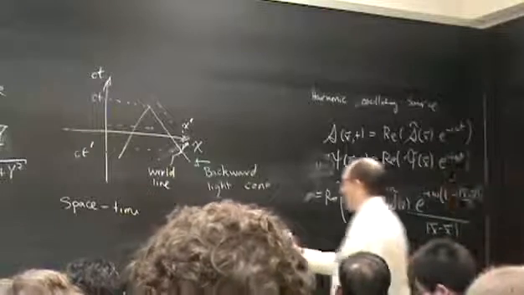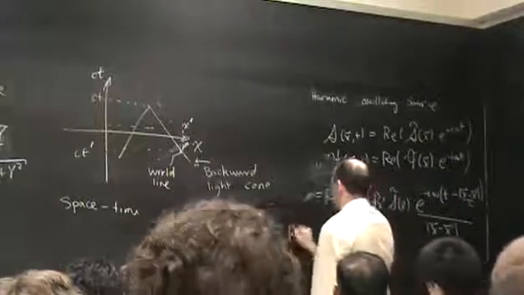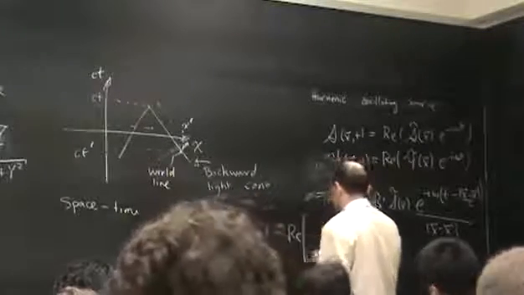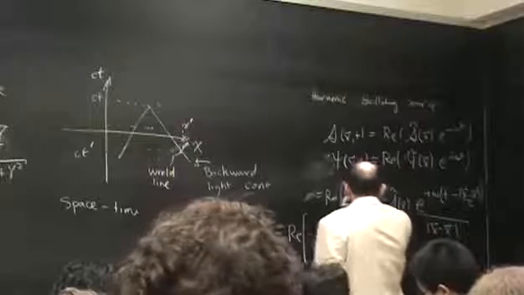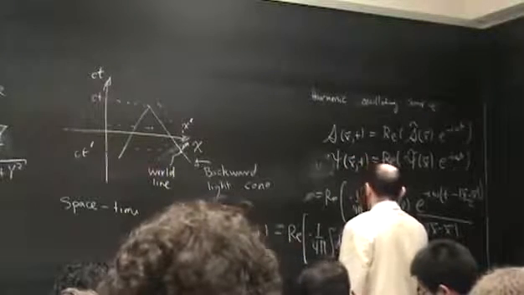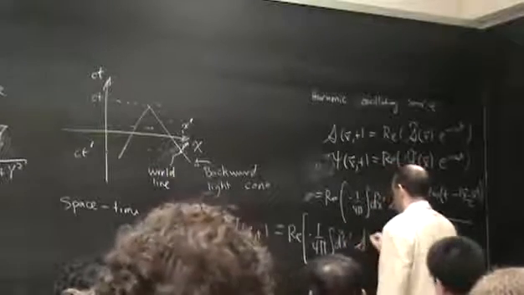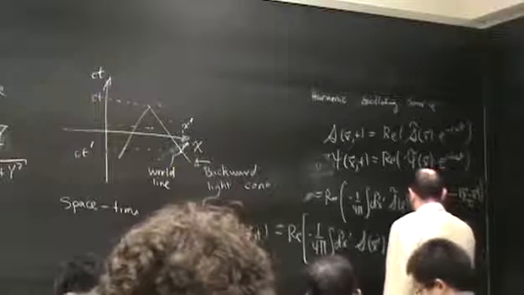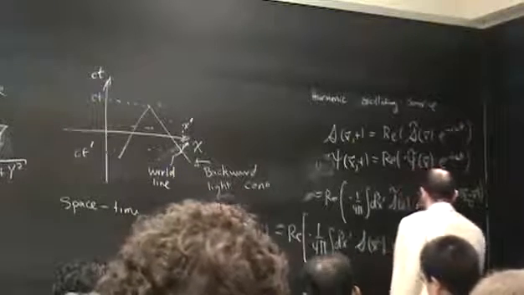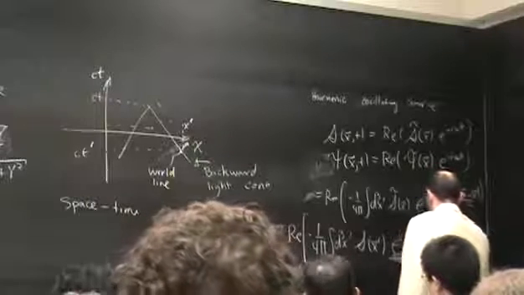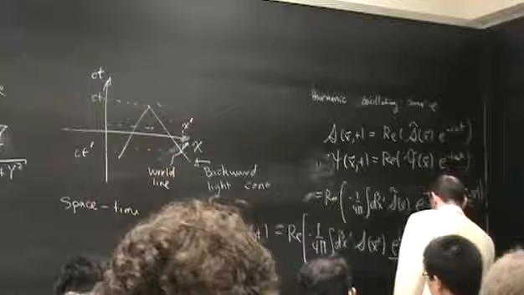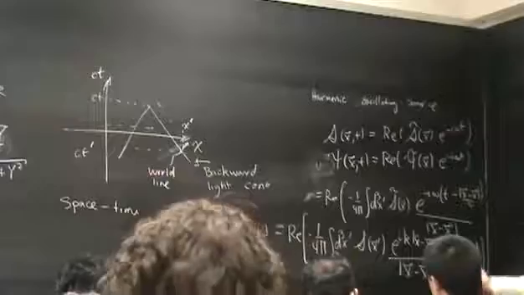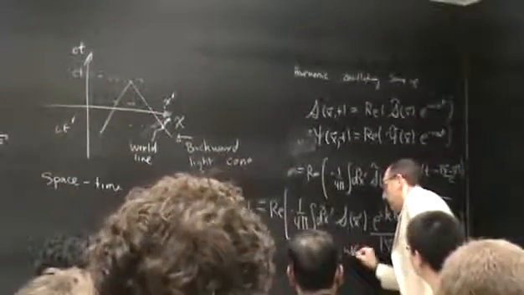So the wave amplitude I see is the real part of 1 over 4 pi, the integral d cubed x prime, times e to the i k, where k is omega over c.